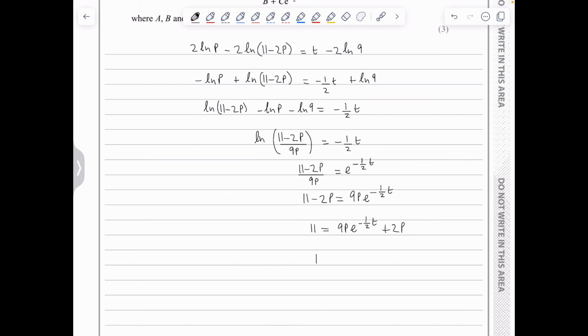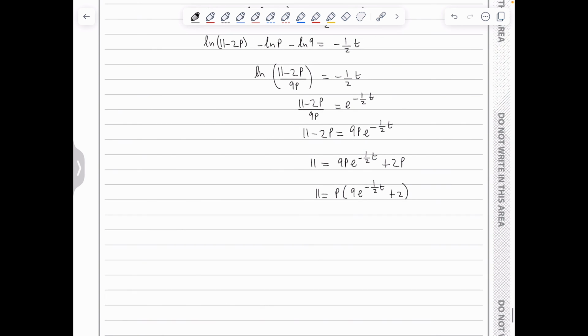I will factor out the p on the right hand side, so it's p(9e^(−½t) + 2), and dividing to isolate p, we get 11/(2 + 9e^(−½t)) being equal to p. So this means that the constant a is 11, the constant b is 2, and the constant c is 9.